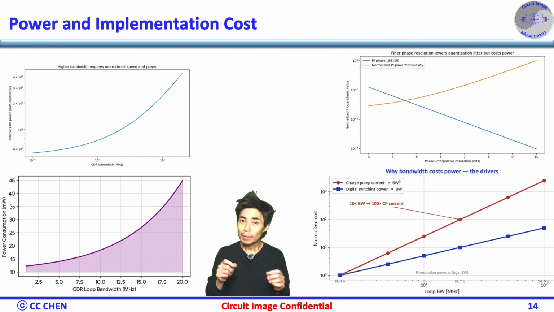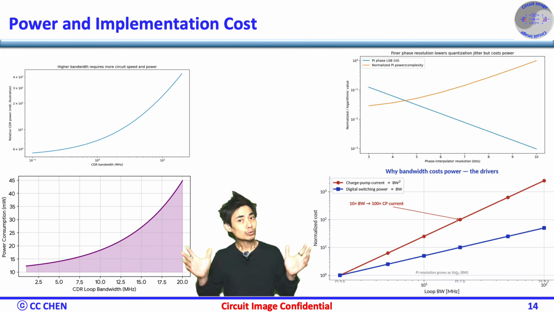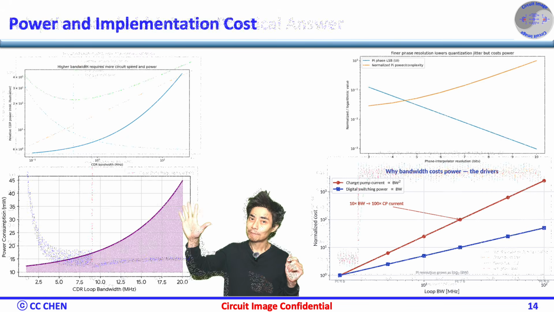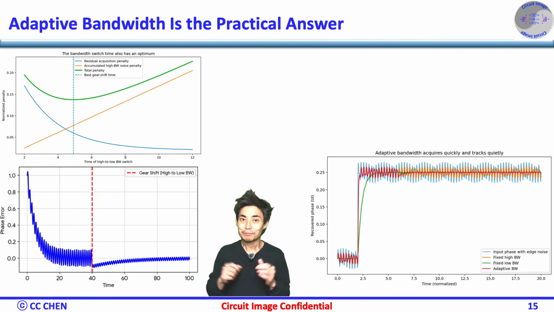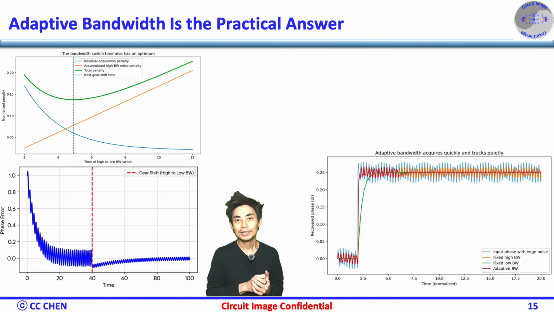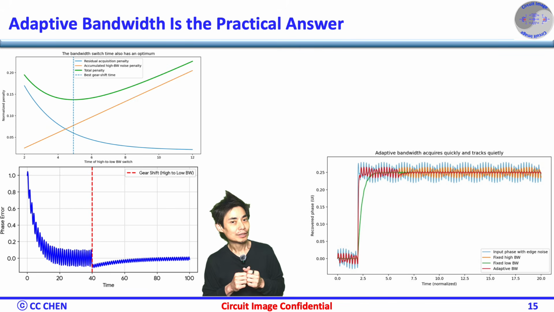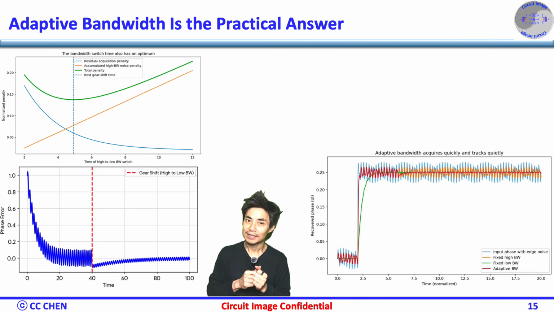So do not make bandwidth too wide or too narrow. But what should we do? Think about adaptive bandwidth. Correct. Adaptive bandwidth is the practical answer. During acquisition, use high bandwidth to lock faster, track large phase error, and track frequency offset.